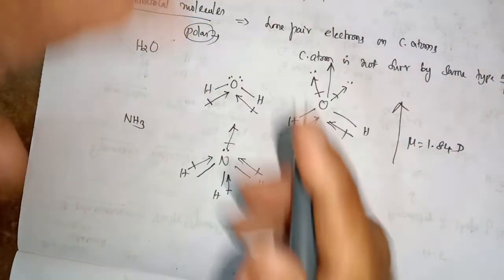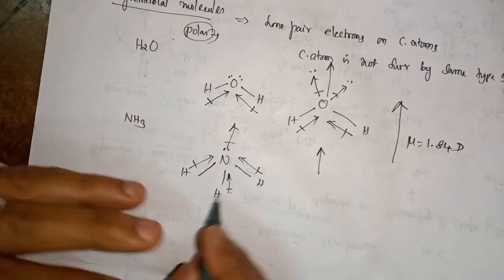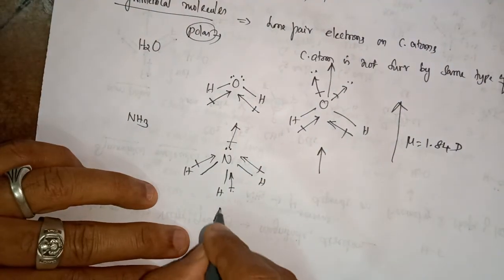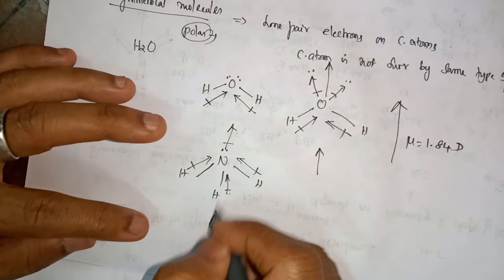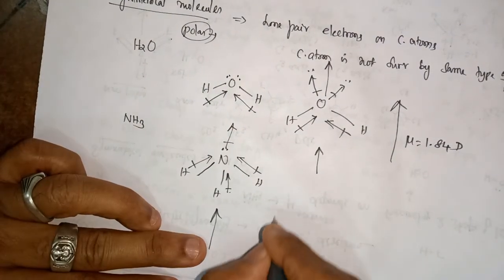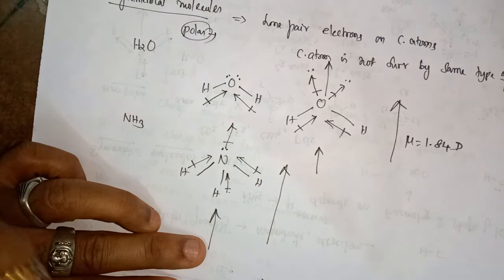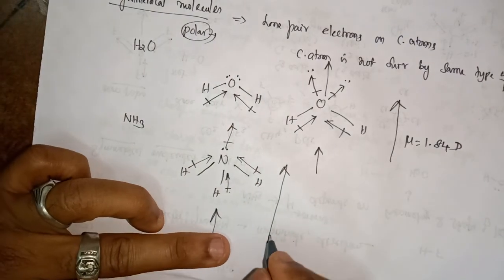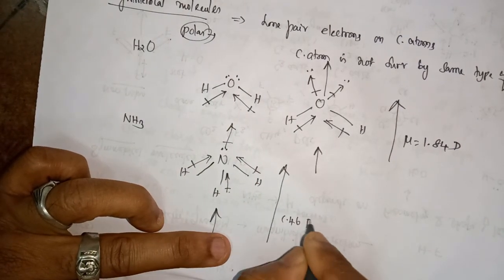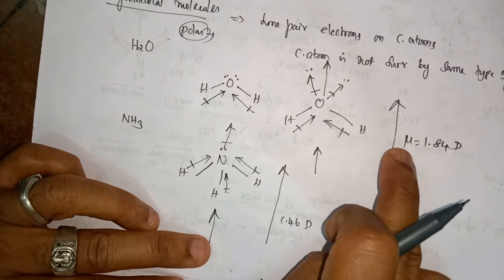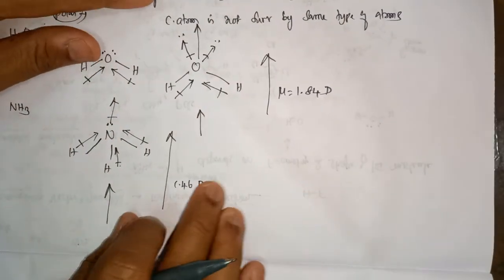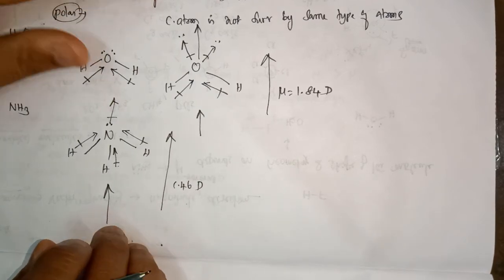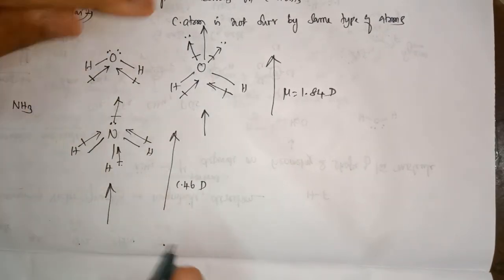So all of these are in the same direction. So what happened? 1, 2, 3. This is in this direction, and already it is in that direction. So the net dipole moment is in this direction. So it has a dipole moment value of 1.46 D, while water has 1.84 D.